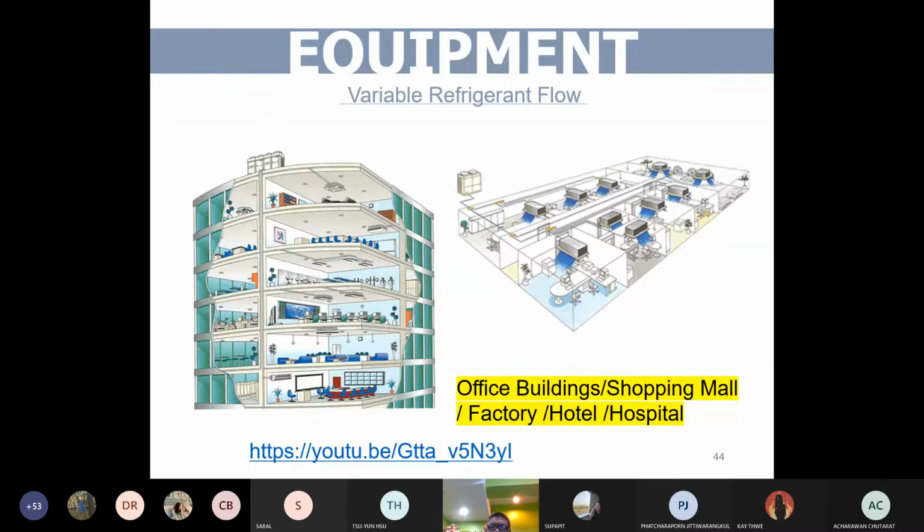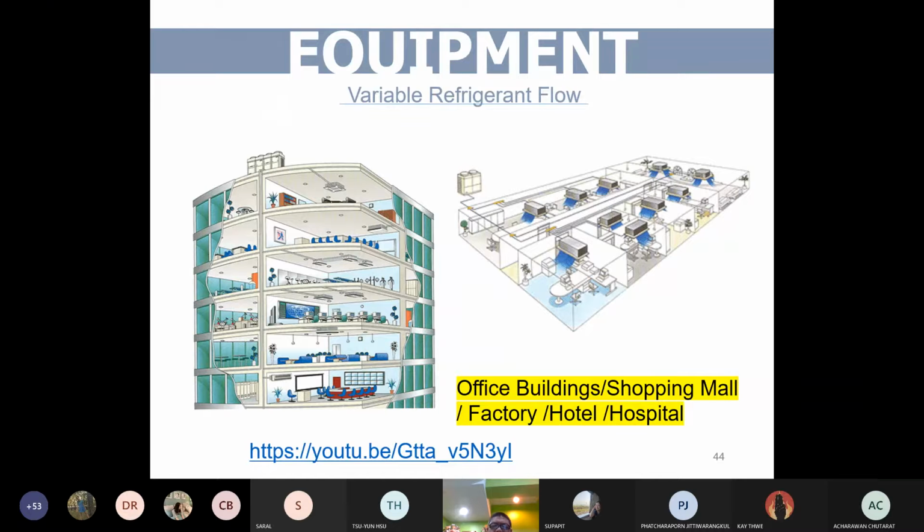You may combine together, but for me, I still prefer the water cool chiller rather than VRF, because VRF is very suitable for a system in between 100 to 300 tons.